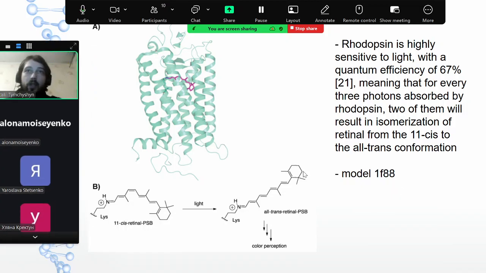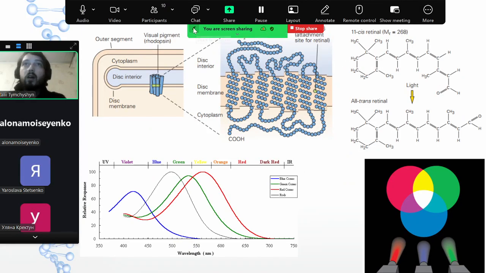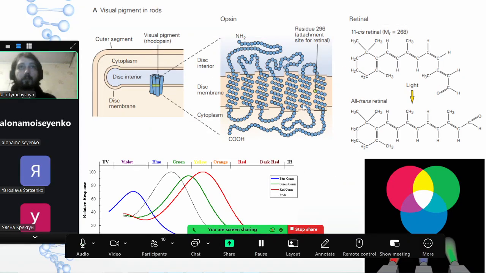If you wish, you can check it there and rotate it in 3D and so on. Here is once again the formula reiterated, when 11-cis retinal is transformed into all-trans retinal. Good. Now taking a closer look.